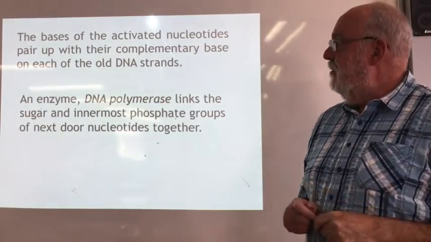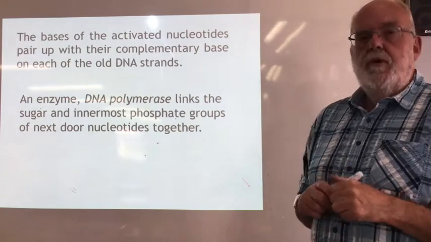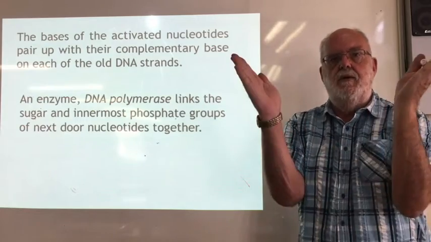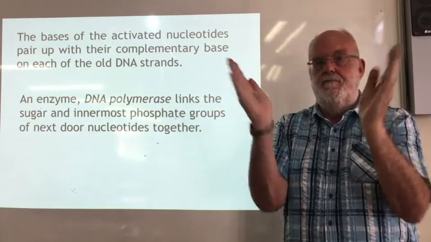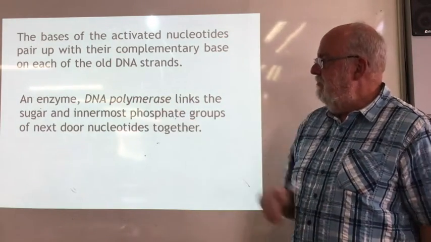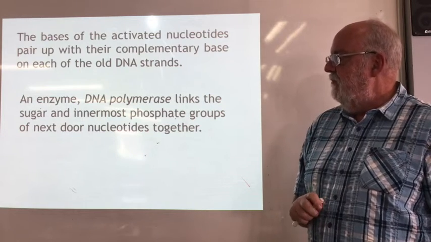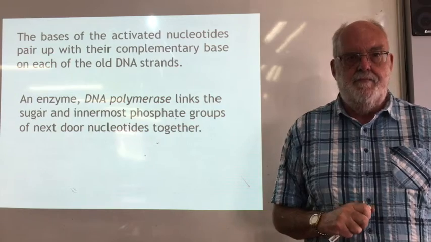So, going back to our molecule, we've got the separated strand of DNA. So it's unwound into two strands. An enzyme, DNA polymerase, links the sugar and the innermost phosphate groups of next-door nucleotides together.